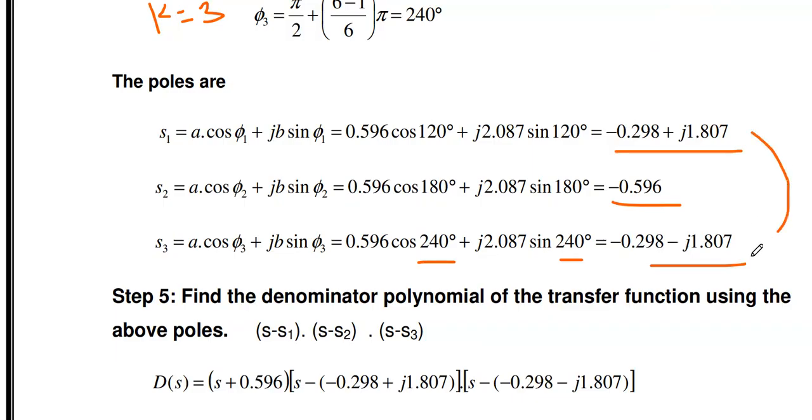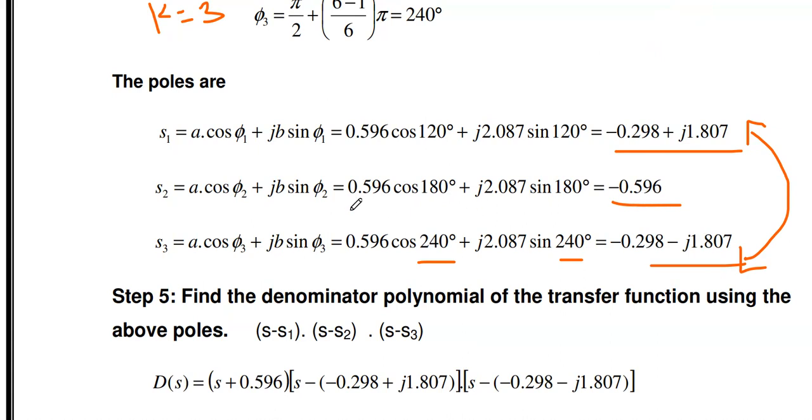So you check pole 1 and pole 3, S1 and S3: these two have the same value but complex conjugate. The second pole is different. So in this manner only you can get the answer. If you get a different answer, your calculation will be wrong. So out of these three poles, two poles are complex conjugate, one pole has a different value.